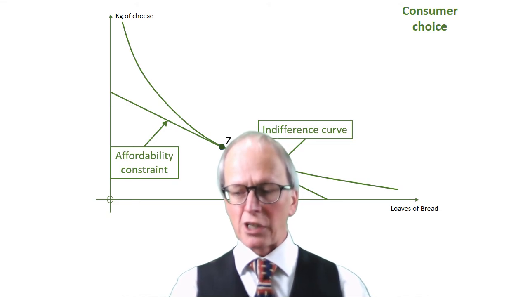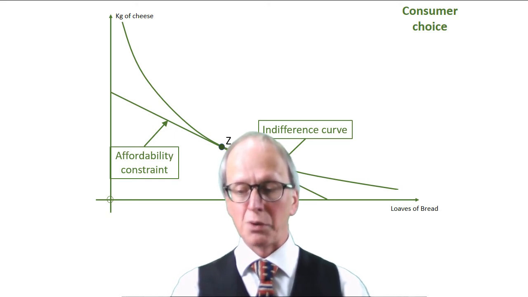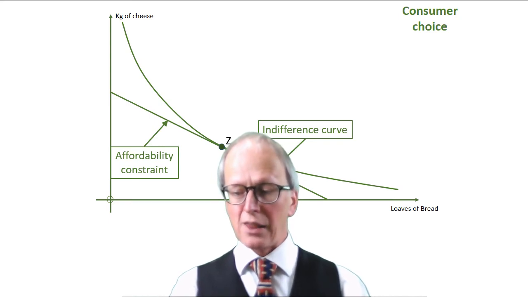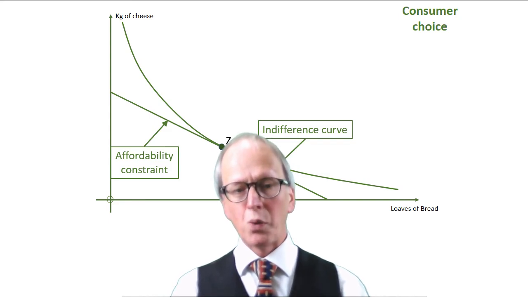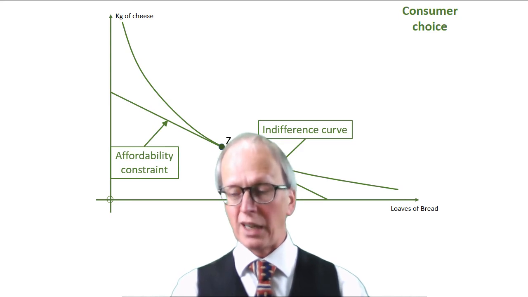The geometric relationship between an affordability constraint and an indifference curve at any most preferred affordable consumption bundle will usually be this tangency. Throughout this part of the book, we're therefore going to be looking for ways of setting up problems so that we can work out where these points of tangency, like Z, will be on the diagram.